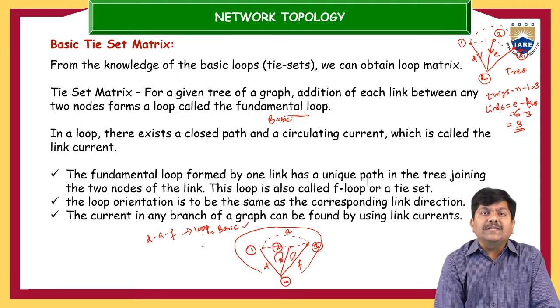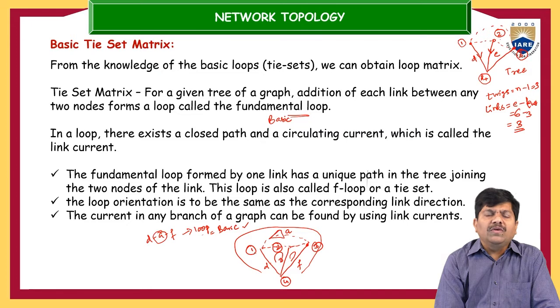Now this basic loop is because of what? Because of element number A. So what is the direction of this basic loop? The direction of this basic loop is the same as the associated link. What is that associated link? The associated link is the element number A. Suppose element number A is oriented towards node number 1, then the loop direction is this.